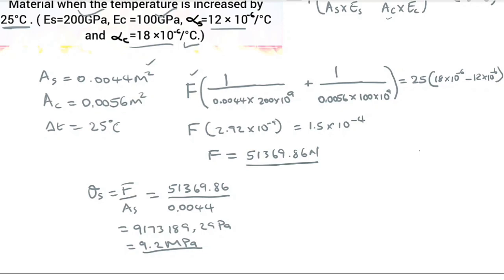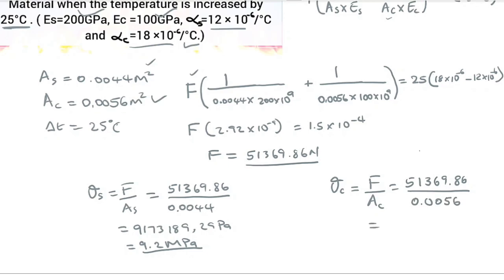Now we calculate the stress for the copper. It is the force over the area for copper. Then we substitute the same force, 51369.86, divided by the area for copper, 0.0056.